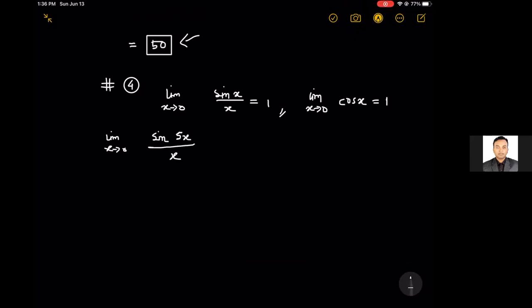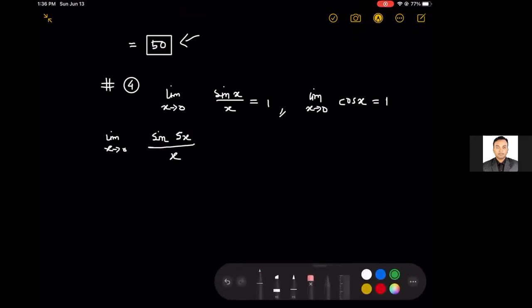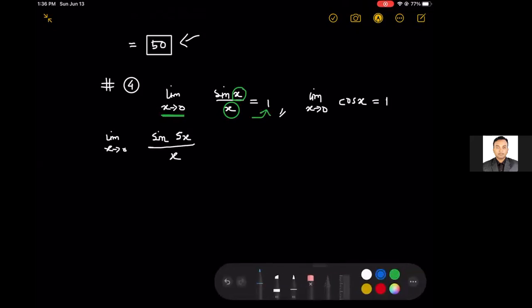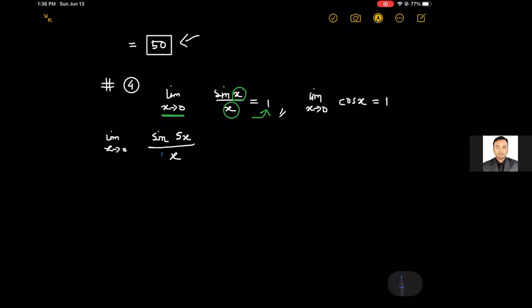Whenever I have the same coefficient here for x tends to 0, I'll get 1. So if I can somehow make it 5x, then the coefficients will be the same, and I will be able to write 1 in place of that.